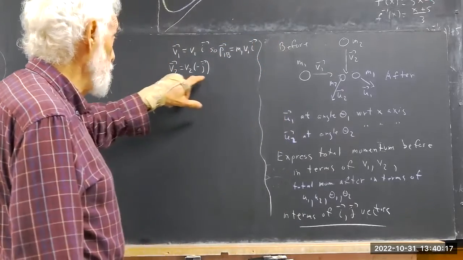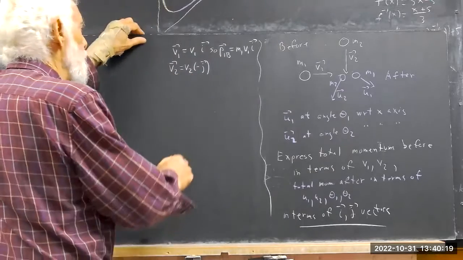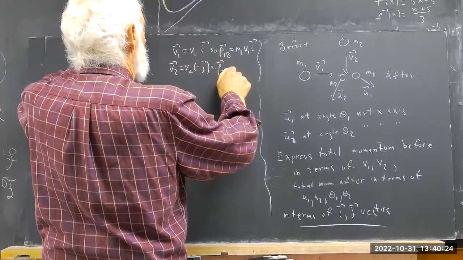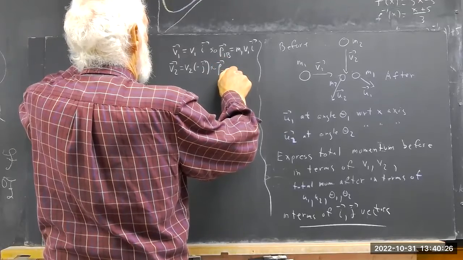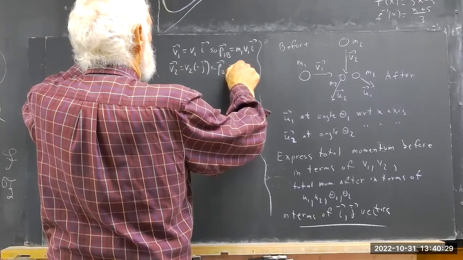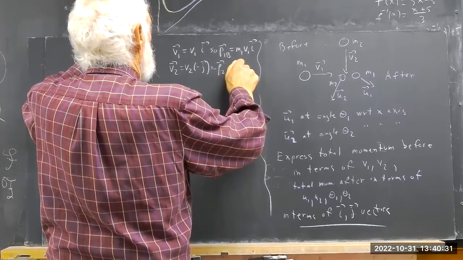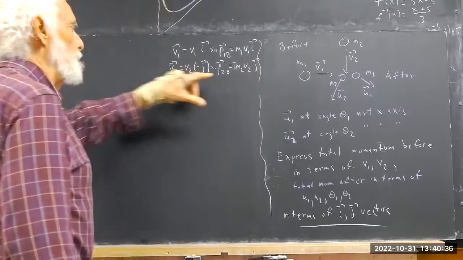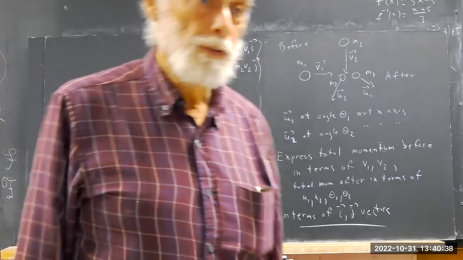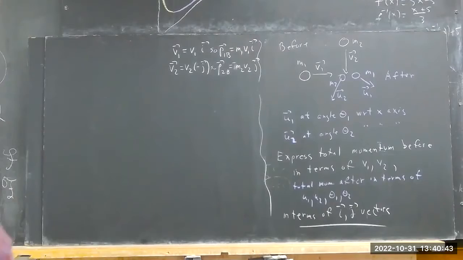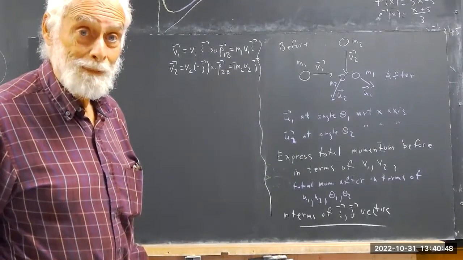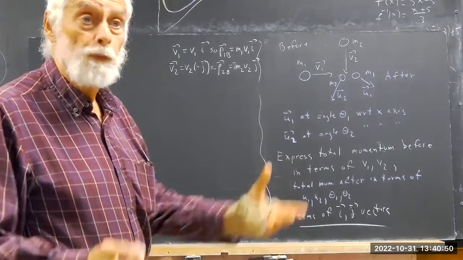So you have to express V2 as V2 times negative J. So P2 before collision is negative M2 V2 times J. Very straightforward.